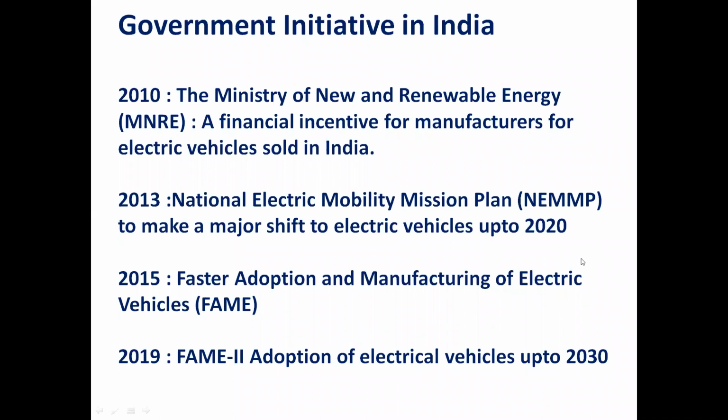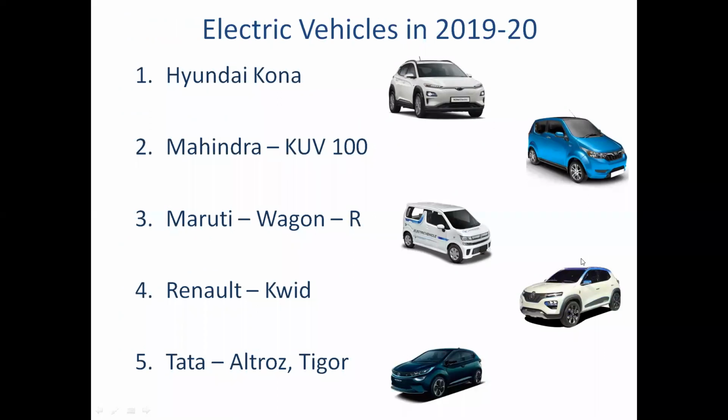Okay, so these are the different government initiatives. You just remember the long form, year, and main cause. Next, electrical vehicles in recent years: you'll find different manufacturers like Hyundai, Mahindra, Maruti Suzuki, Renault, and Tata, and they have their electrical vehicles on the road.